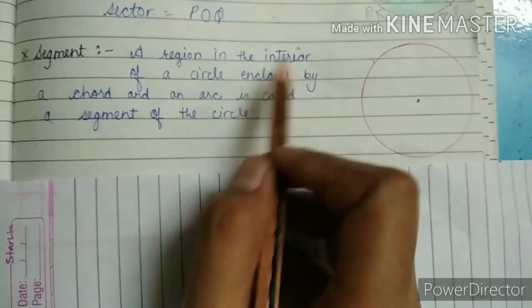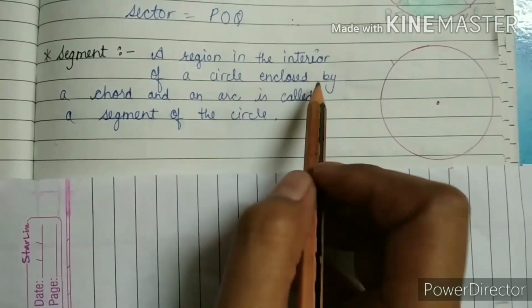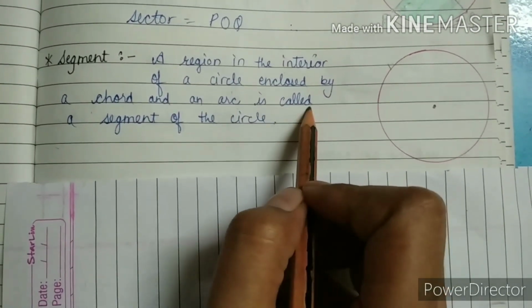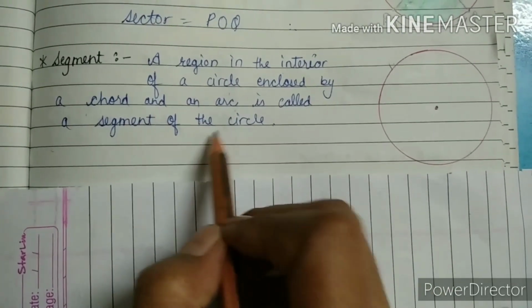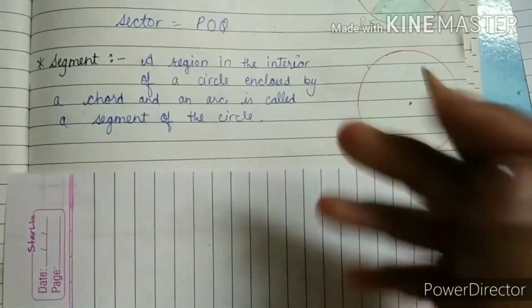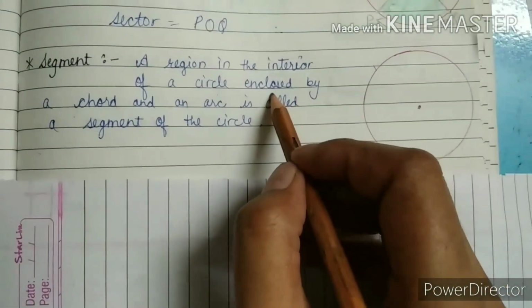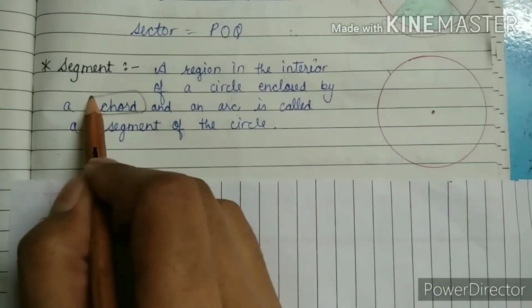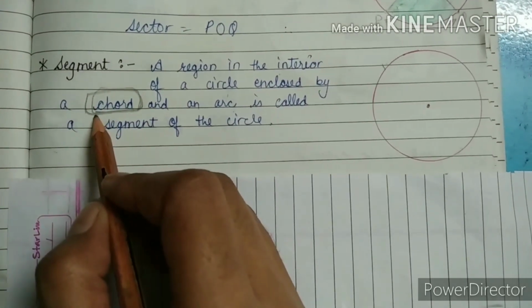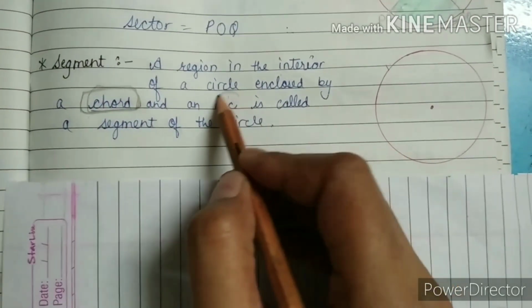So inside the circle, the region enclosed by a chord and an arc is called a segment of the circle. It means a bounded area of the circle that is enclosed by a chord. One thing they said is that it must be enclosed by a chord and an arc.